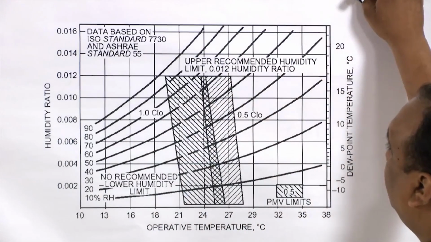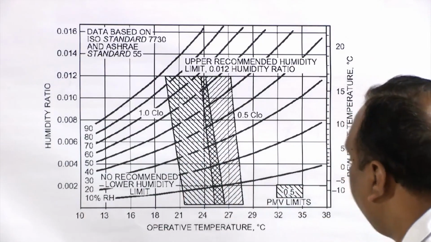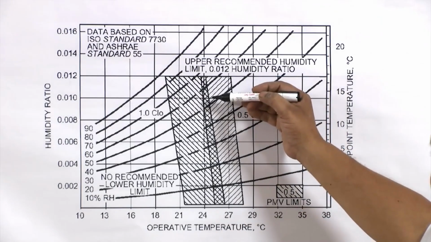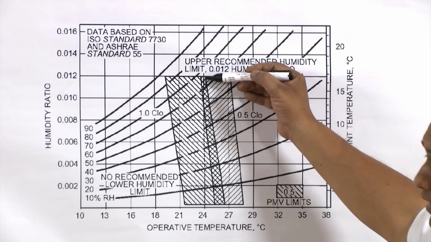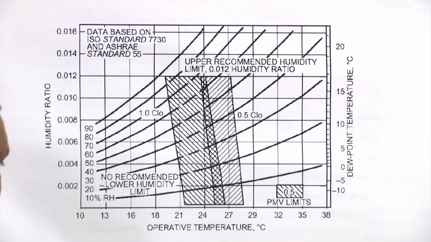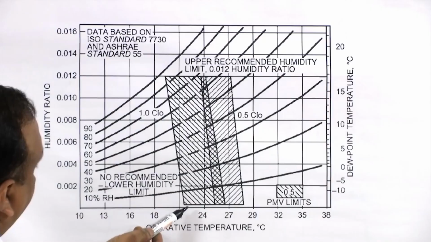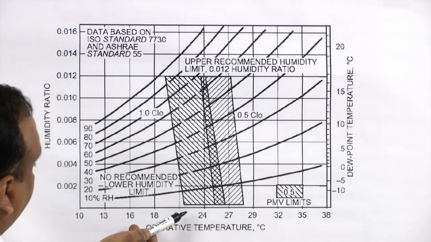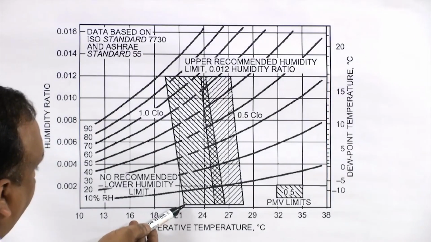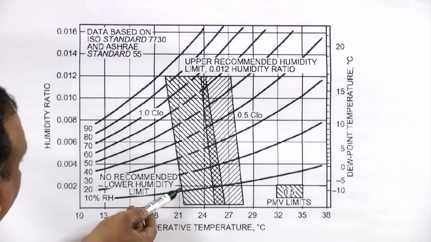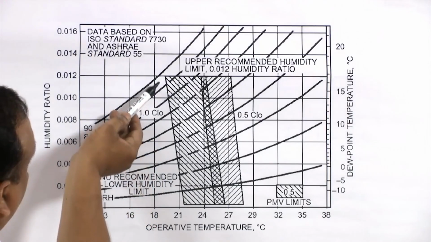The data are based on ASHRAE standard 55. Air speed is less than 0.2 meter per second. You can see that they are not very distinctive boundaries. The acceptable level of operative temperature, say for winters if you are heavily clothed, starts from 21 or 21.6 or 21.7, and when the humidity ratio is increasing, the operating temperature is decreasing.